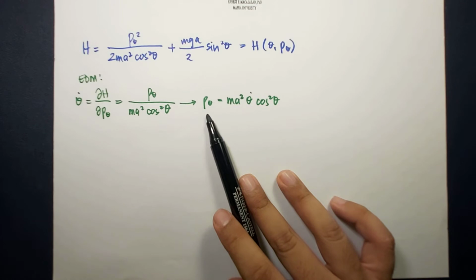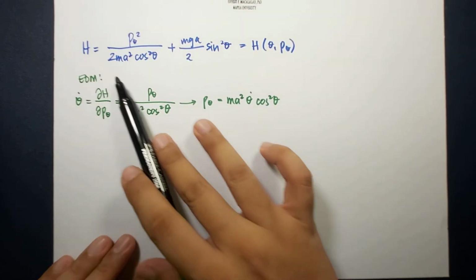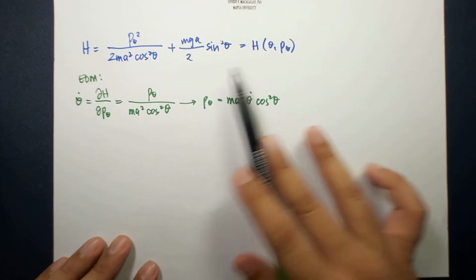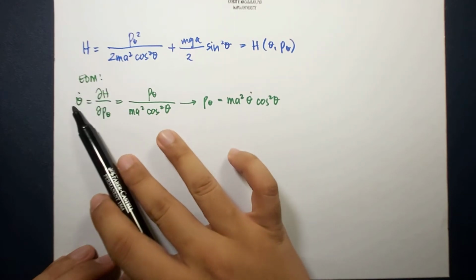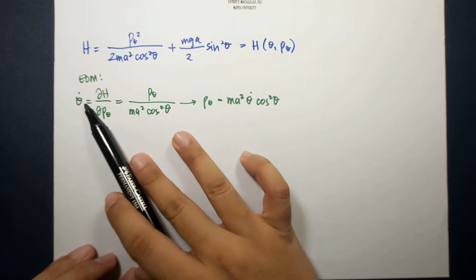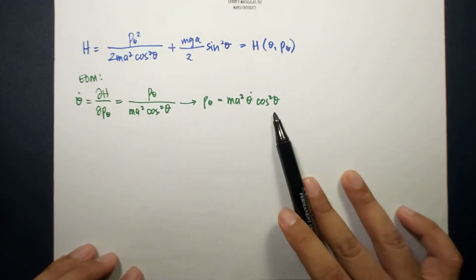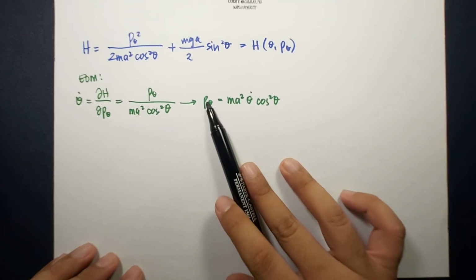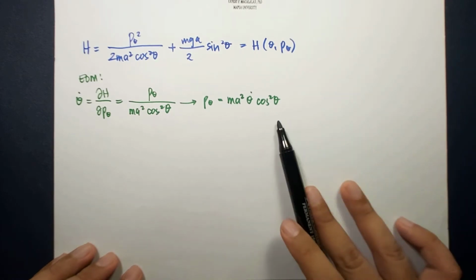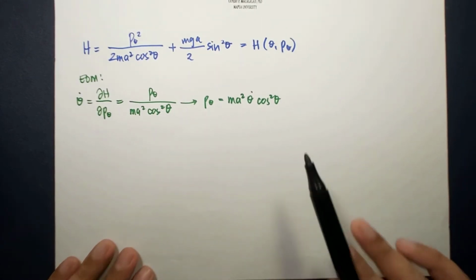That means if you have a Hamiltonian and you calculate the first equation of motion and you get a different answer from the generalized momentum you calculated the first time, then something's wrong.